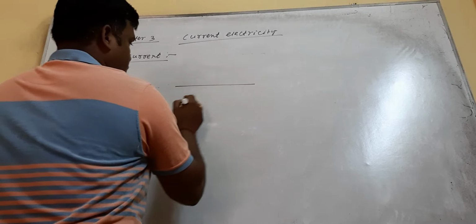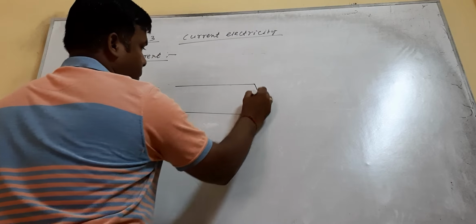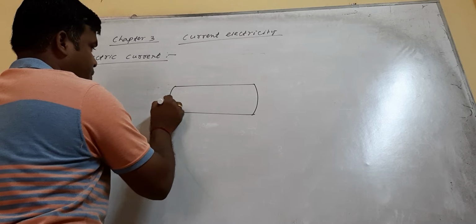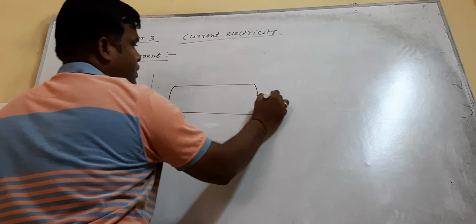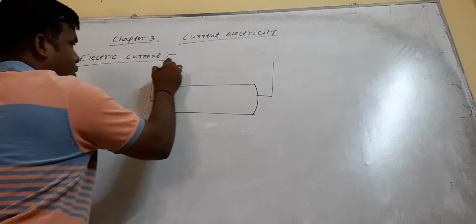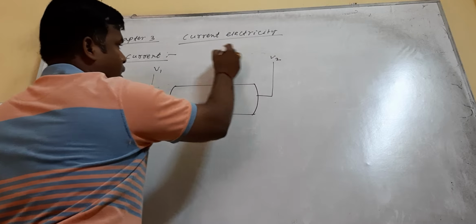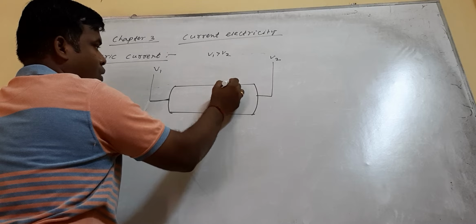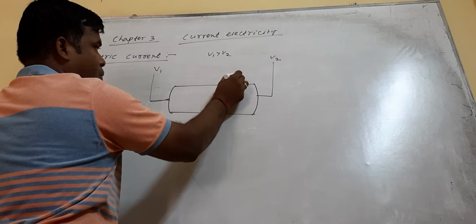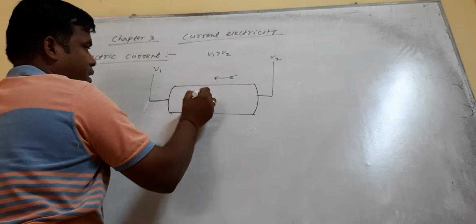If it is a conductor, and this potential is V1 and that is V2, if V1 is more than V2, then electrons will flow from lower potential to higher potential.